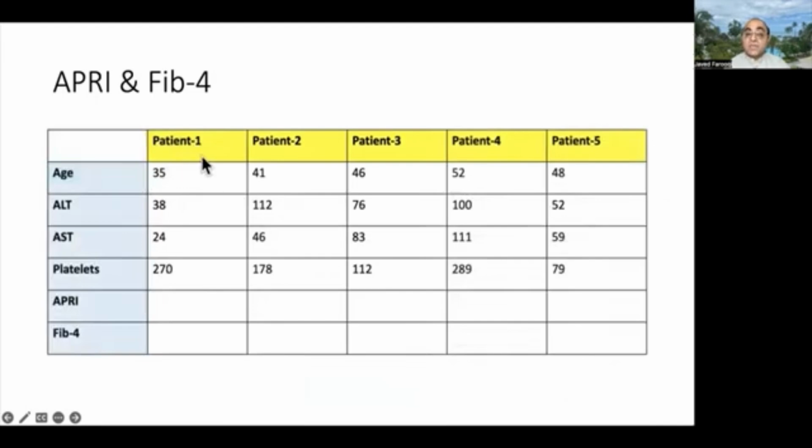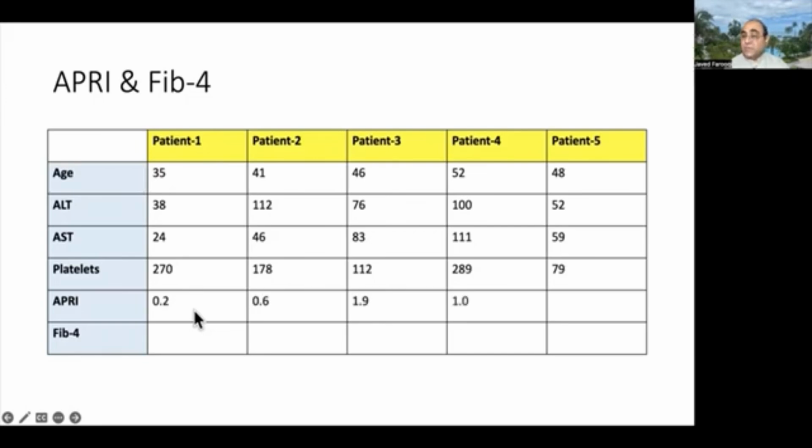These are the different questions for you. Patient number 1: age 35, ALT is 38, AST is 24, and 270,000 is the platelet count. This is another patient. When you calculate these, the APRI comes out different, depending upon the levels of these patients.